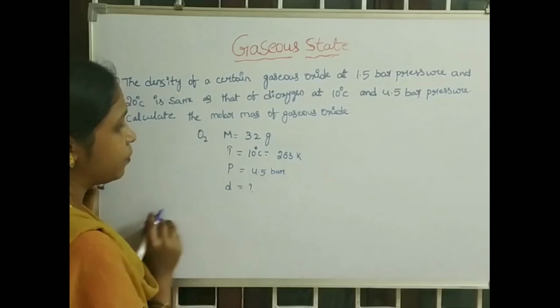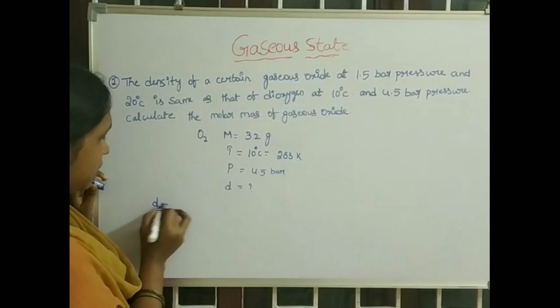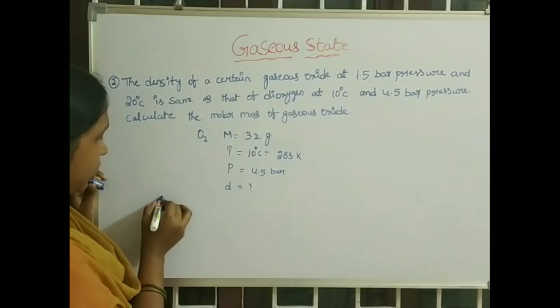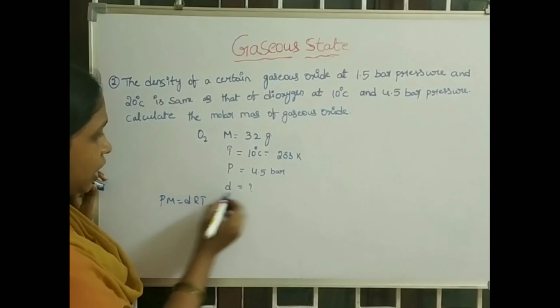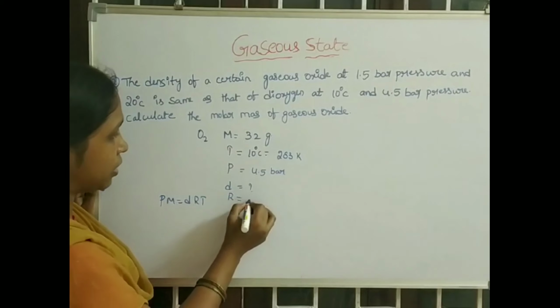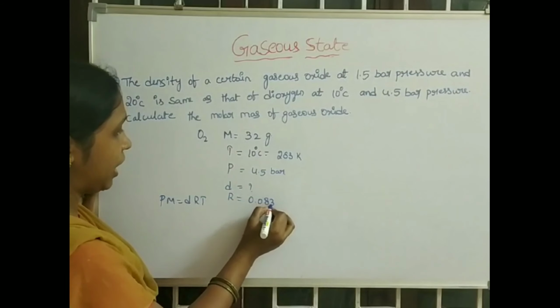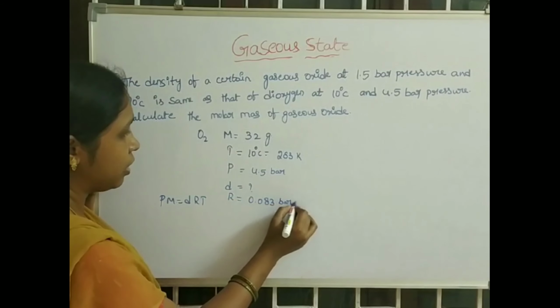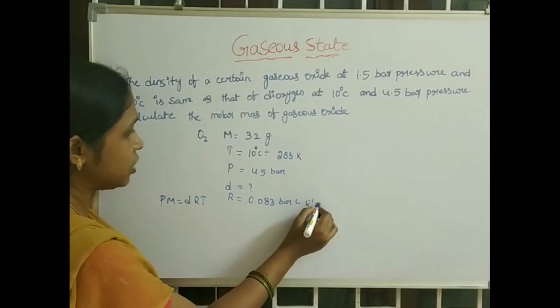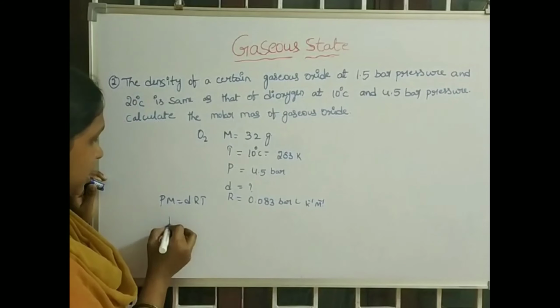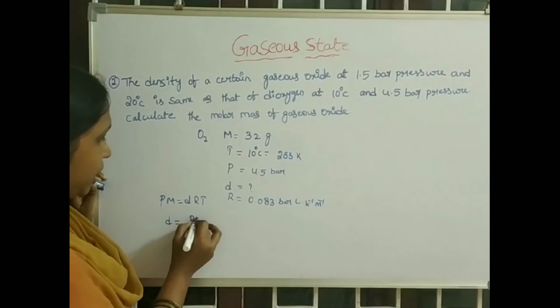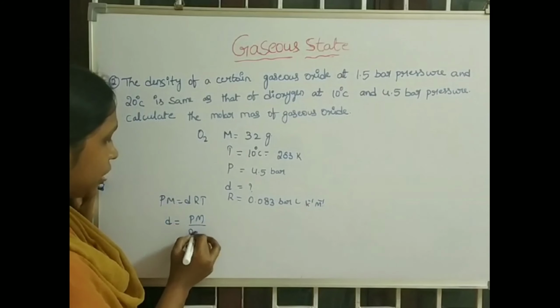Calculate the density here. We know the formula PM equals dRT. So take the R value also in bar: 0.083 bar liter Kelvin inverse mole inverse. So write down the formula for density. Density is equal to PM by RT.